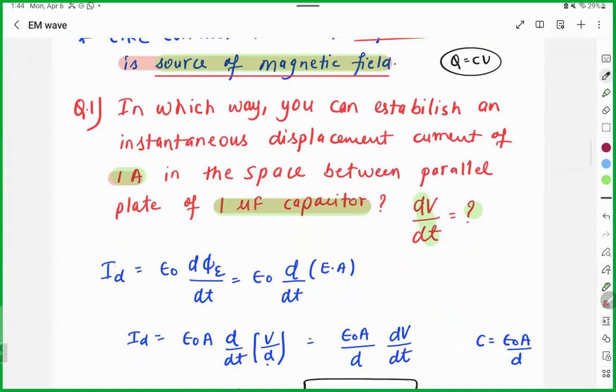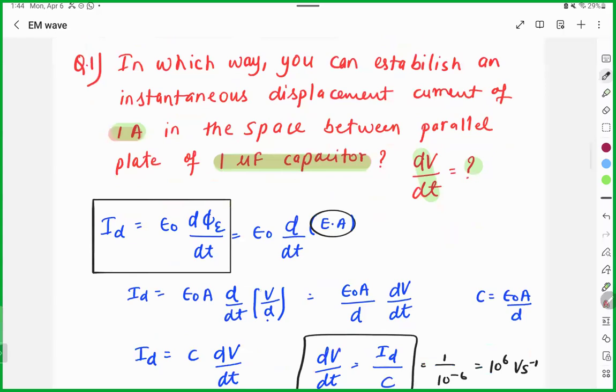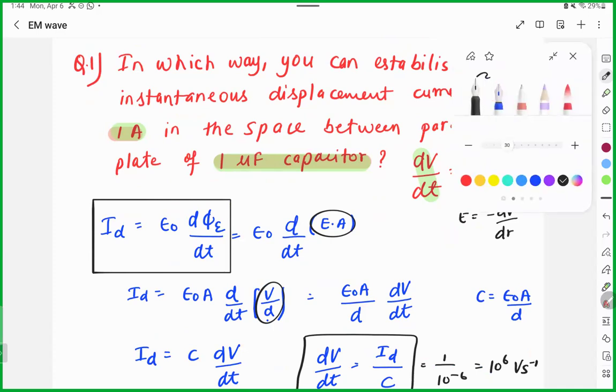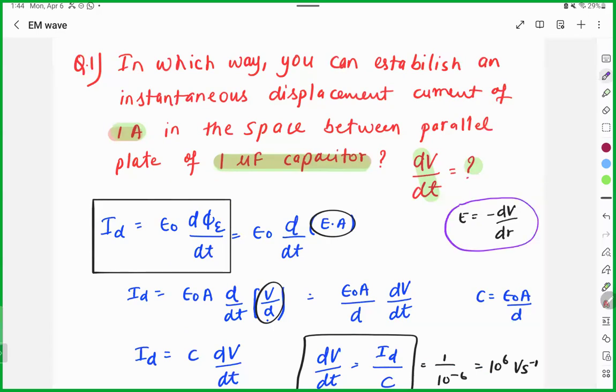So we know displacement current is equal to epsilon naught d(phi E) by dt. Correct? Phi E is equal to electric field into area. In this case, the electric field is potential difference over distance, because you know electric field is equal to minus dV by dr. So d will also come outside.